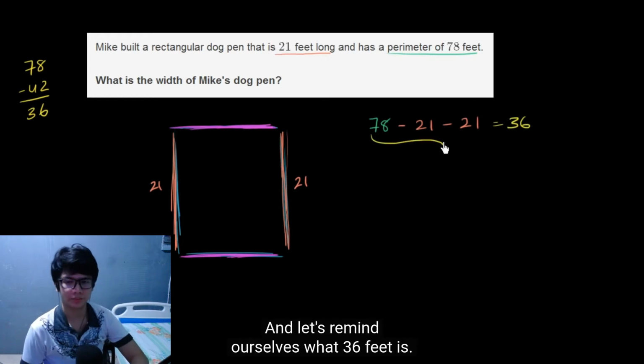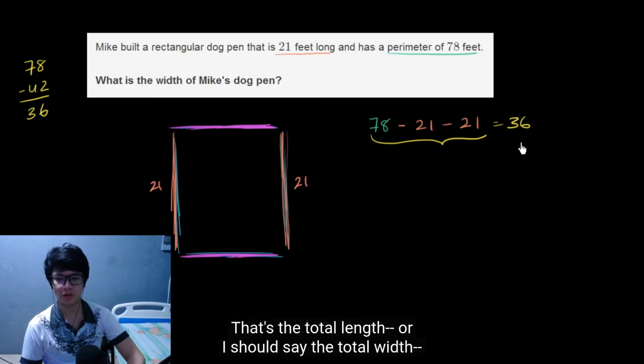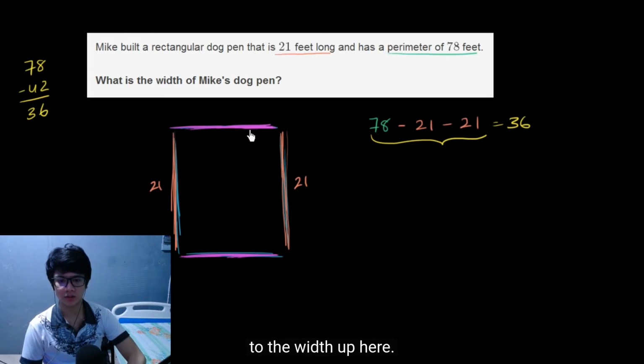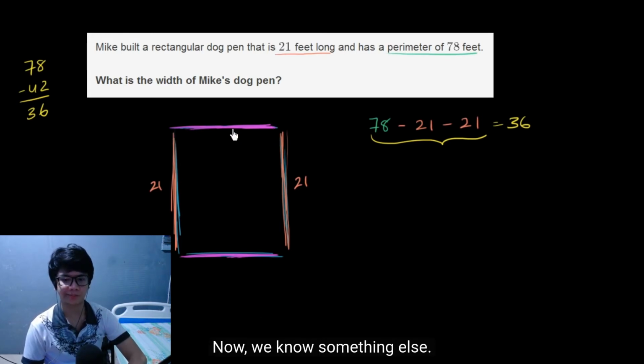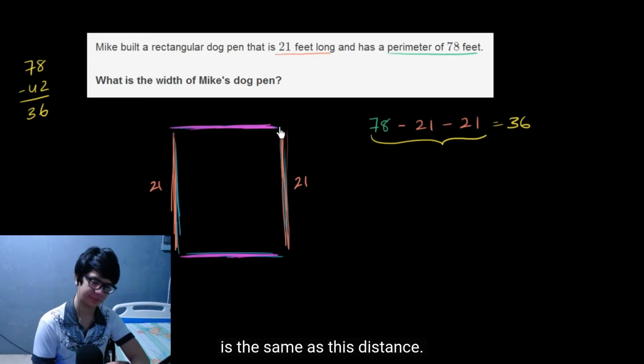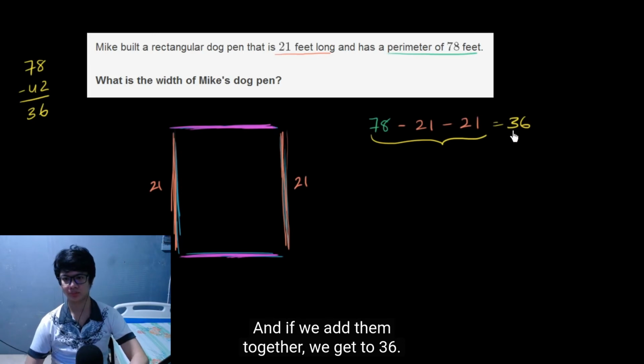And let's remind ourselves what 36 feet is. That's the total width if we were to take the width down here and add it to the width up here. Now we know something else. These are the exact same width. This distance is the same as this distance. And if we add them together, we get to 36.